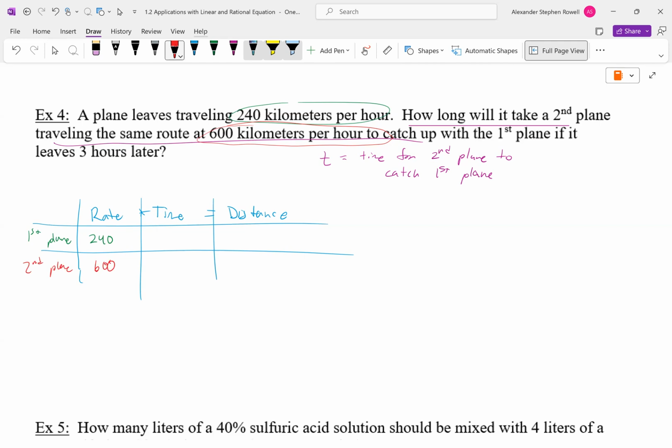Second? Yeah, so we define t as what? Okay, so that's the time traveled by the second plane. Do you agree? Time traveled by second plane. Okay, so then how long was the first plane traveling? The second plane leaves 3 hours later.